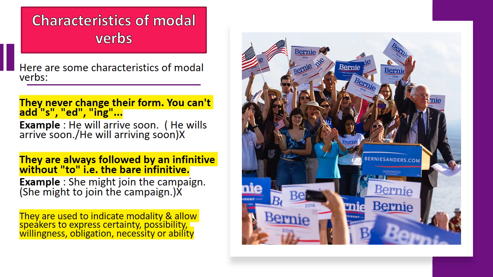So students, if you keep these things in mind, you will be able to solve editing, omissions and gap filling correctly. So you know, modal verbs are used to indicate modality and allow speakers to express certainty, possibility, willingness, obligation, necessity, or ability.